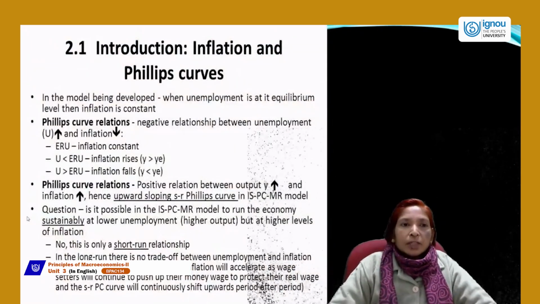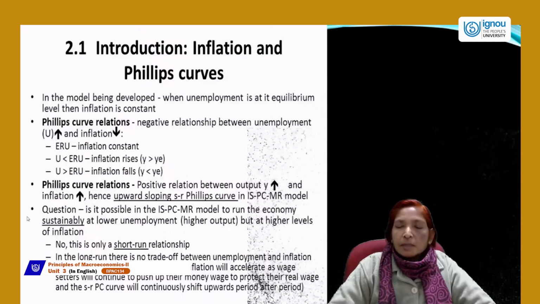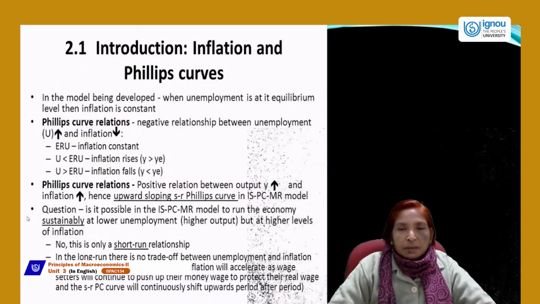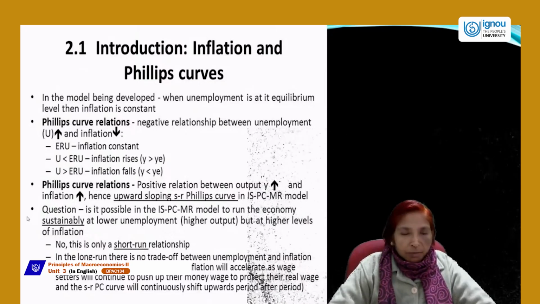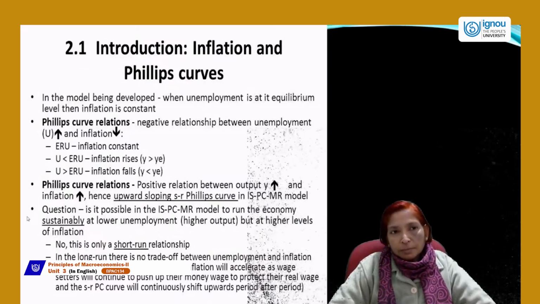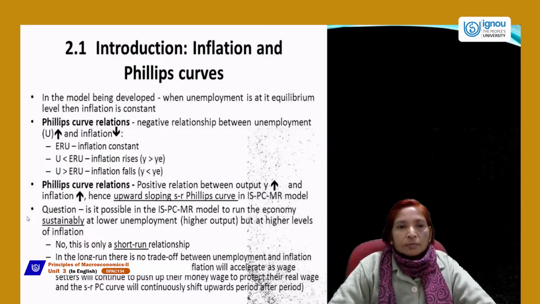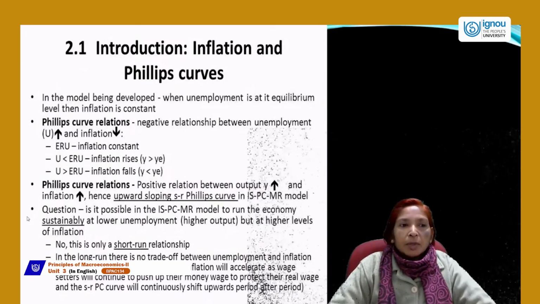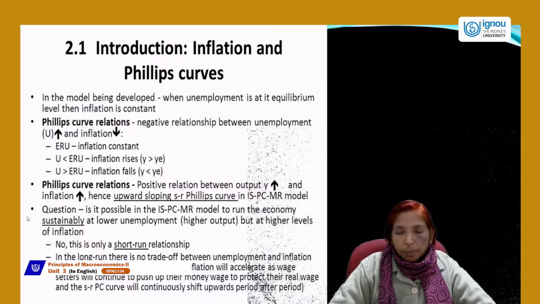Now next is the introduction of inflation and the Phillips curve. You know that A.W. Phillips propounded the inverse relationship between inflation and unemployment. So in this model being developed, when unemployment is at an equilibrium level, then inflation is constant.